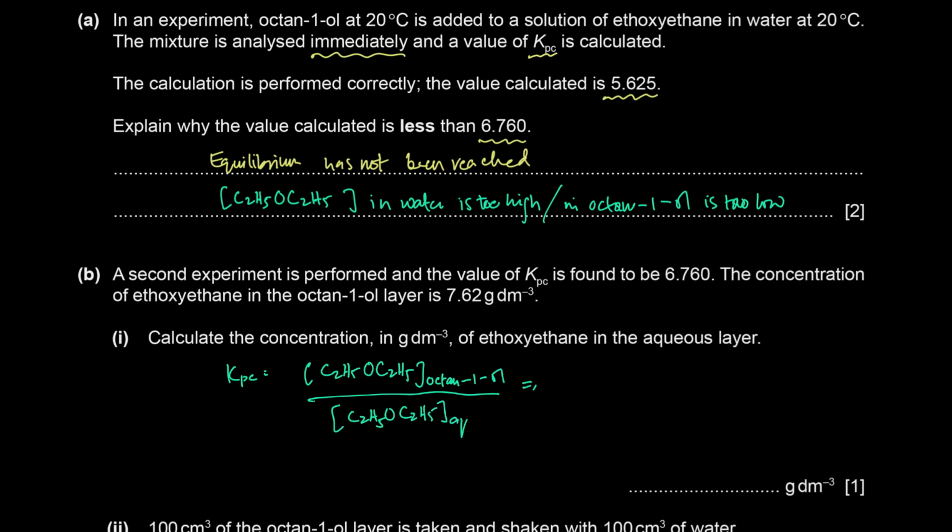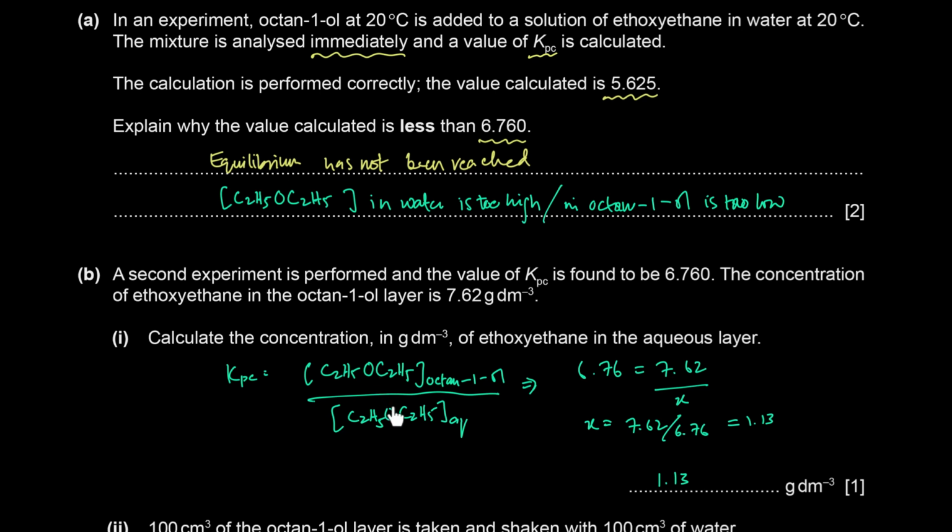And the Kpc over here is 6.76, right? And this is equal to the concentration in octan-1-ol, which is 7.62, divided by the concentration in water, which is what we have to calculate. So X is equal to 7.62 divided by 6.76. So here the concentration comes out to 1.13 grams per decimeter cube.